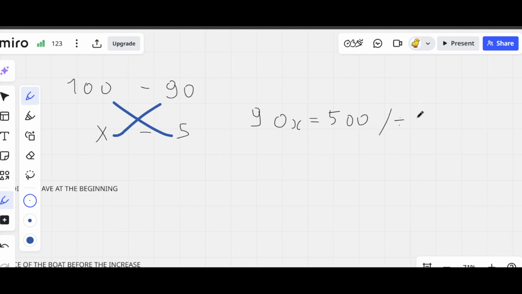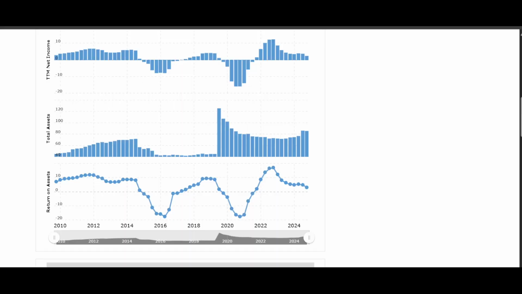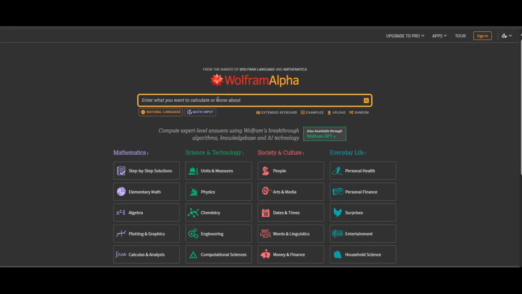And now we have this equation and we need to solve it for x. So we divide by the number that is next to the x, in this case by 90. So on the left side we'll be left with just the x, and here we need to do 500 divided by 90. I will use an online calculator called Wolfram.